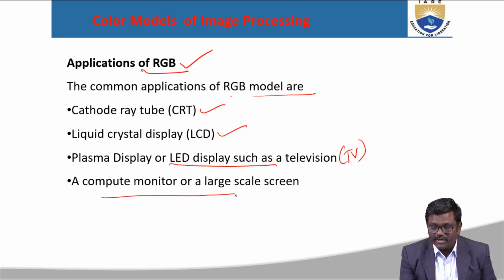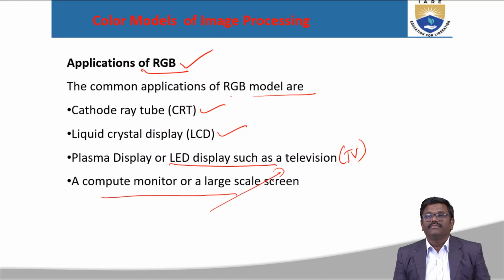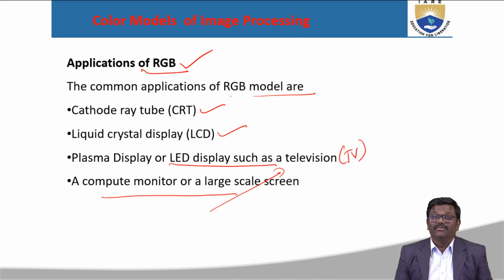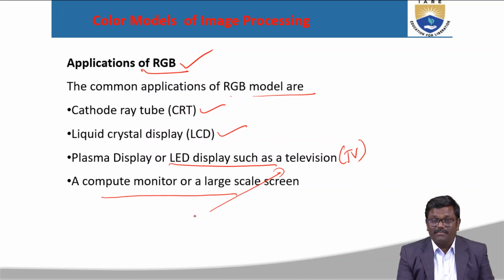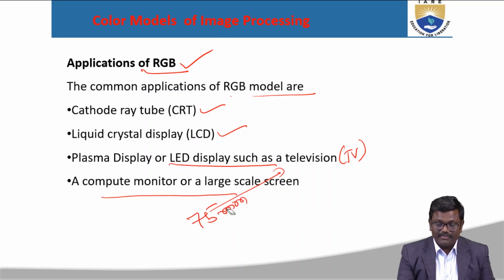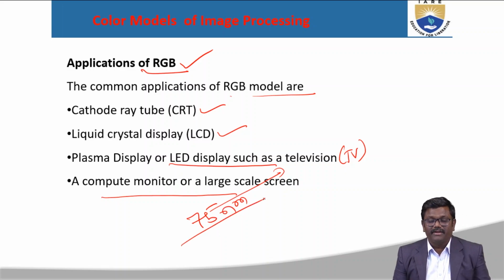Next, computer monitors or large-scale screens, which we understand as theater screens, where they may maintain an illuminator brightness of approximately 75 nm. This is the best way to understand the application of RGB.